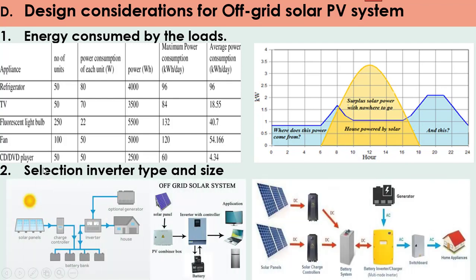Another criterion: we must select the inverter type and size. There are many options for inverter selection that can be used in an off-grid system. As we see in this scheme, there are the solar photovoltaic panel, the charge controller, and the inverter. I would like to make a notation that this is the inverter and this is the charge controller.